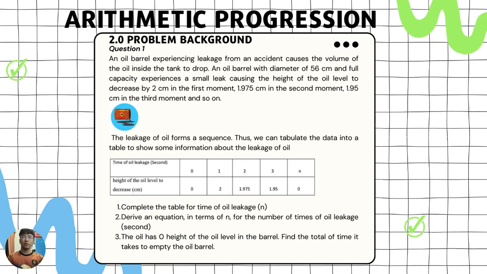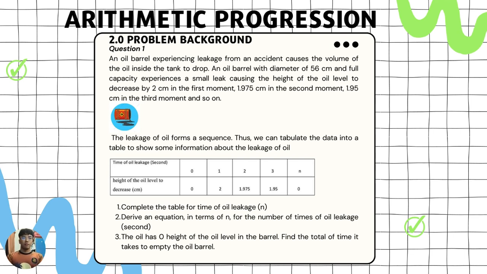Thus, we can tabulate the data into a table to show some information about the leakage of oil. From the table, we can see that in the first second, the height of the oil level decreased by 2 centimeters, and in the second second, the height of the level decreased by 1.975.